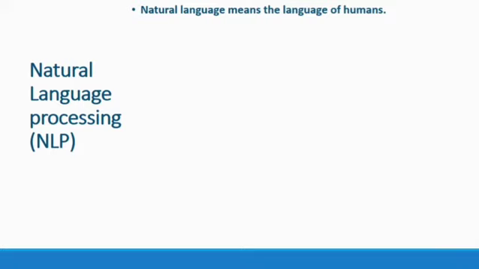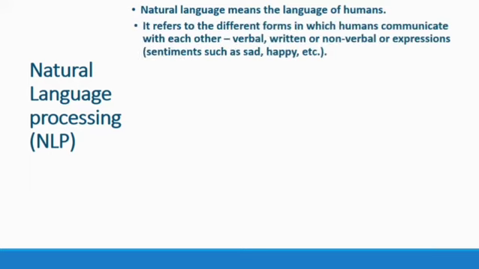The way we communicate with each other using any language, any natural language, that can be Hindi, English, or any other mother tongue that we use to communicate with each other, is known as natural language. Natural language refers to the different forms in which humans communicate with each other, that can be verbal, written or non-verbal expressions.